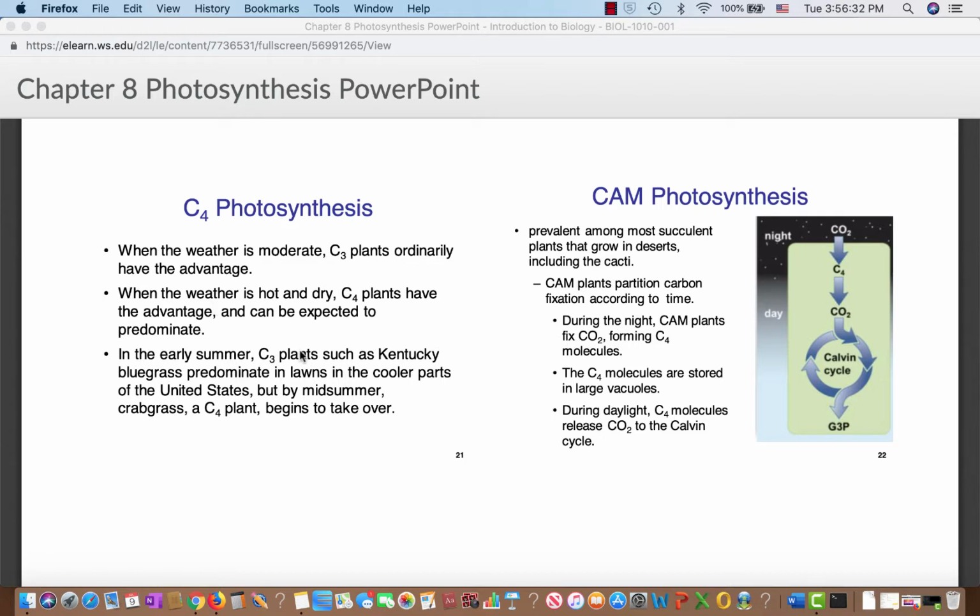So in C4 plants, you're essentially segregating the light-dependent and light-independent reactions according to space, where they're physically located. CAM plants are doing it at night, and so chronologically separating the two. And then C3 plants just do everything together at the same time.